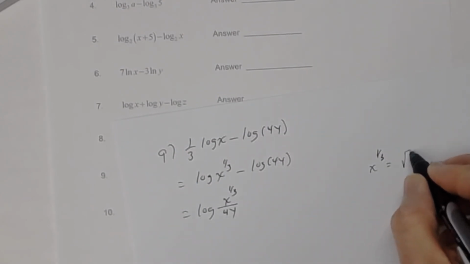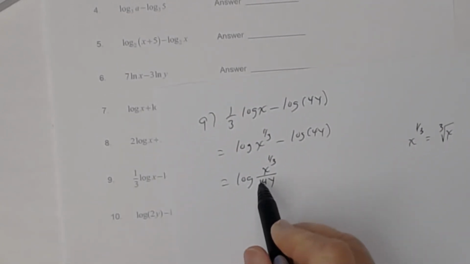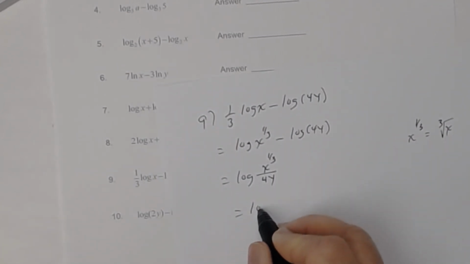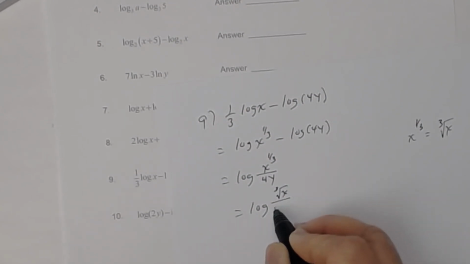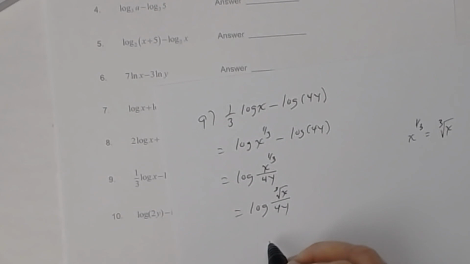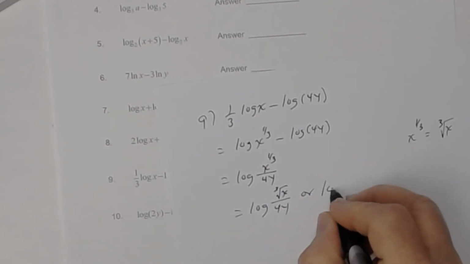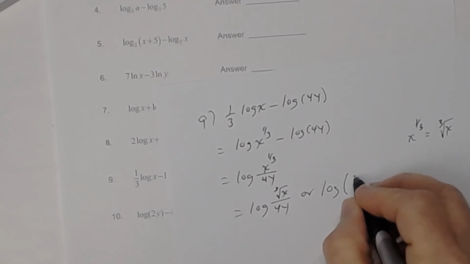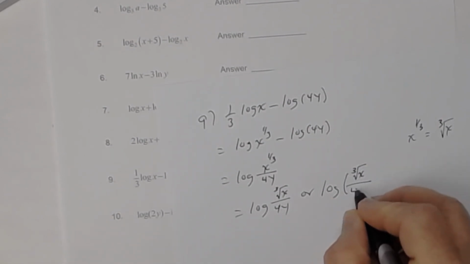So this becomes the cube root of x. So in other words, you want to rewrite this as the log of the cube root of x divided by 4y. That's how you want to write the answer. And if you want to put this argument in parentheses, you can. So it'll be the log of the cube root of x divided by 4y.